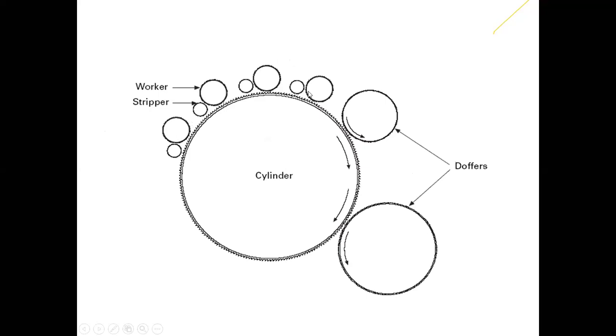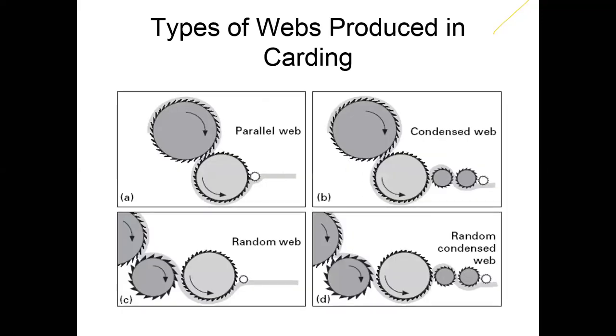Here we have, just like in woolen, this is like a woolen card. So we have a big doffer and then cylinder, and we have worker and stripper. And there are two doffers available. So with the help of carding, we are preparing web, and then we have.